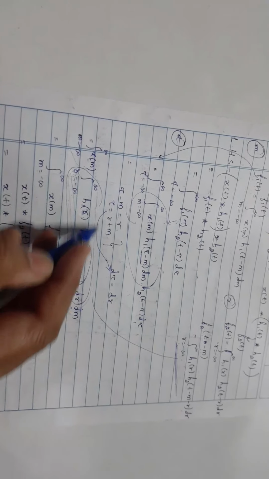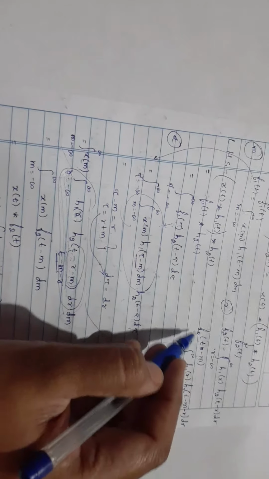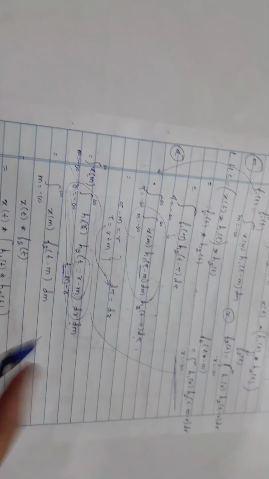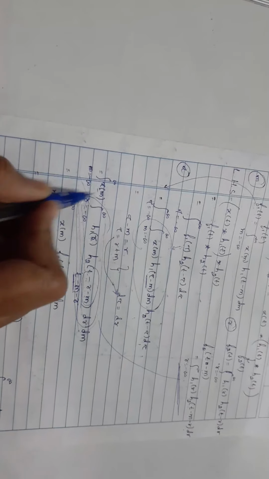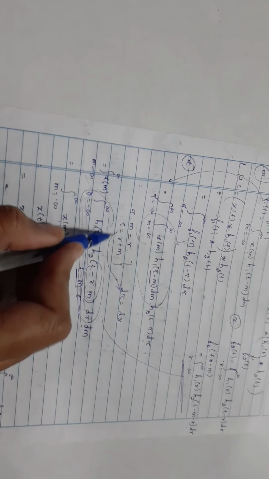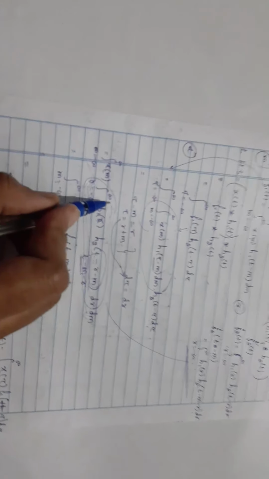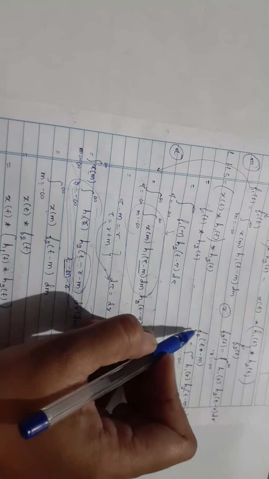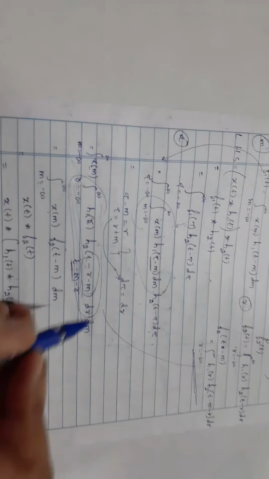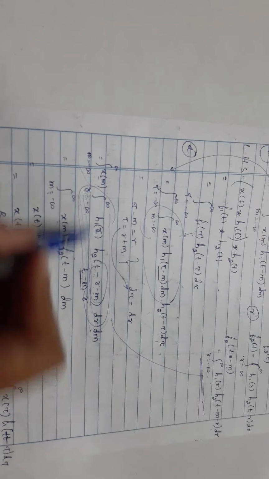It means that this can be replaced with f2 of t minus m. That's what we have done here. Integration of x of m as it is. This whole integral of h1, h2 dr, we can replace with f2 of t minus m, and dm is kept as it is.